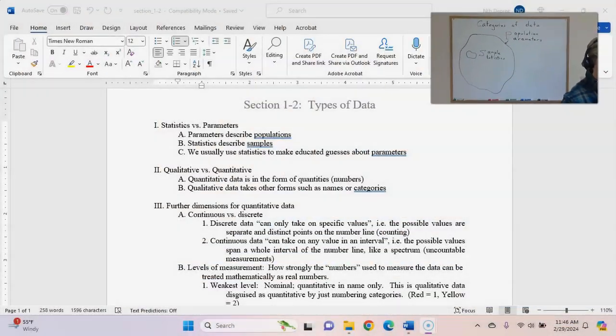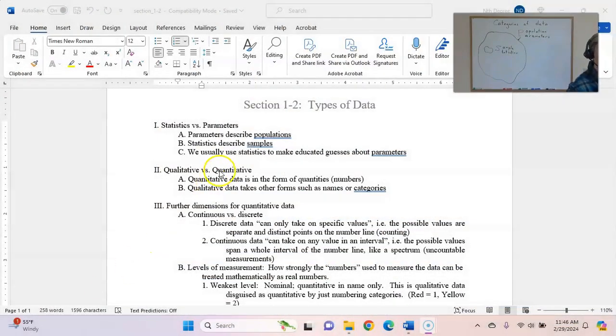Okay, let's talk about the next issue. So again, to wrap this part up, we usually use statistics to make educated guesses about parameters. That's a central theme in this class. Okay, so some data is what we call qualitative and other data is called quantitative. This is just derived from the words qualities and quantities.